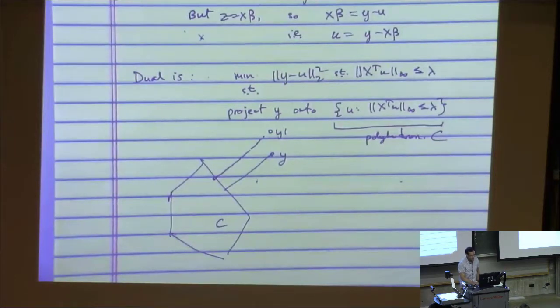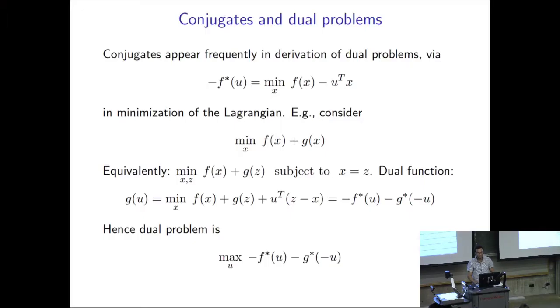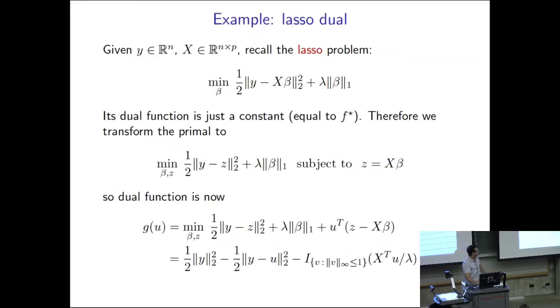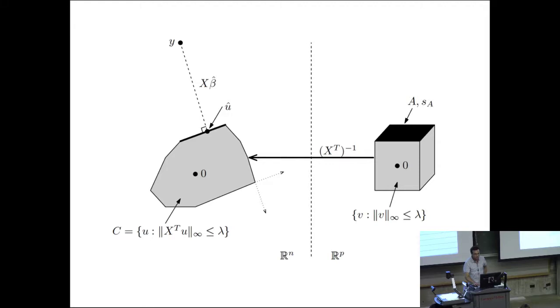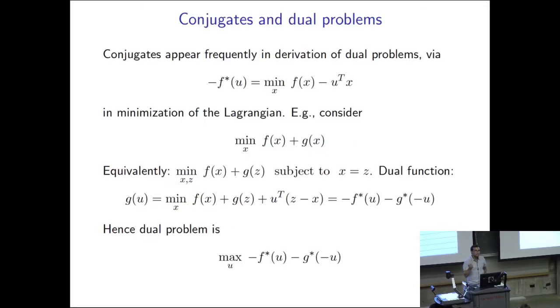So why are conjugates so important? This is the reason: the calculation we did here didn't occur by chance. It wasn't like I cherry-picked a problem where conjugates pop up. Conjugates are intrinsic to these dual calculations. They pop up simply because the negative conjugate is defined as the minimum of f of x minus u transpose x.